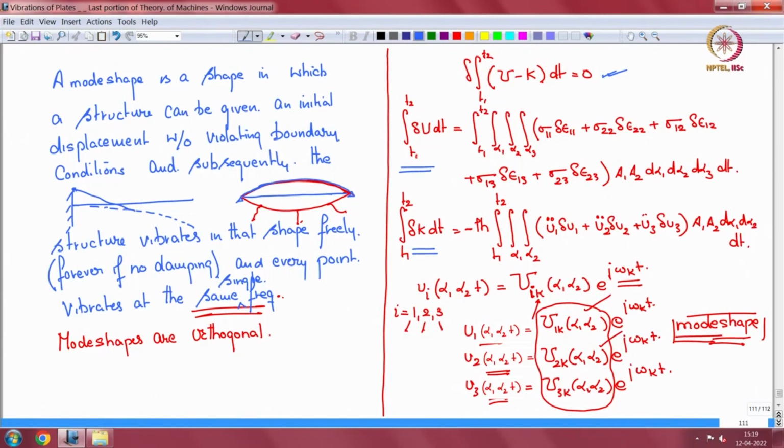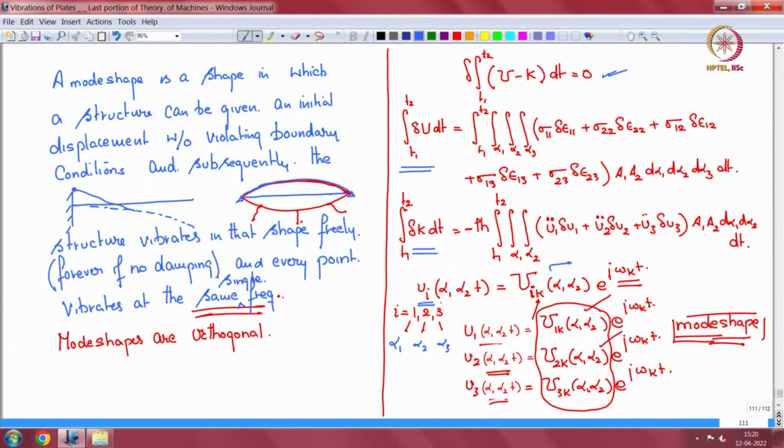Now we said that we will represent the displacement as the mode shapes. So ui, where i can stand for 1, 2 or 3, 1 in the alpha 1, 2 in the alpha 2, 3 in the alpha 3 directions.